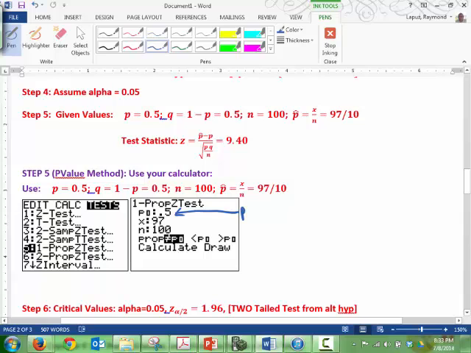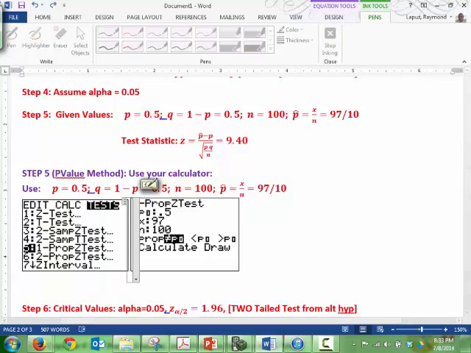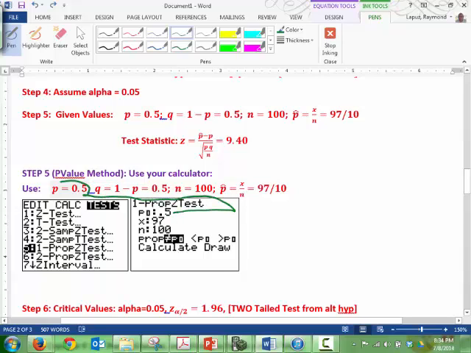This is your P. That's your P. This is your X and your N, clearly stated. And this is a symbol in the alternative hypothesis.